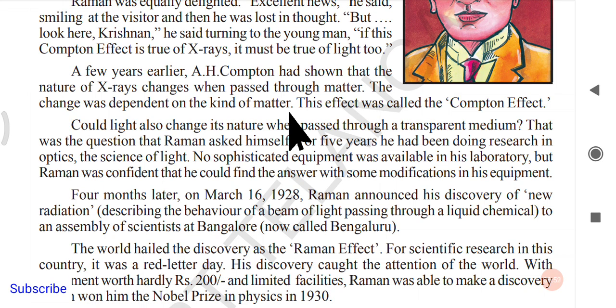So there is a difference depending on the matter we use when we are using X-rays. This effect was called the Compton effect. All these experiments done by Professor Compton related to X-rays and matter are called the Compton effect, and he also won the Nobel Prize because of those experiments.